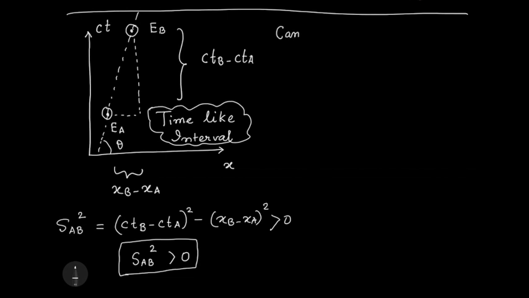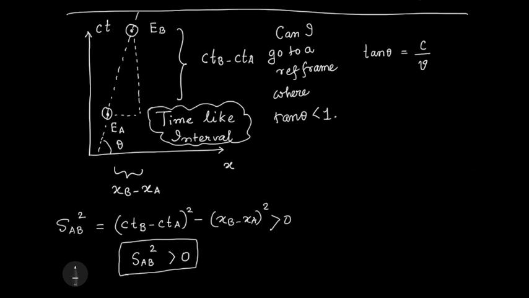Can I go to a reference frame? So let us ask a question. Can I go to a reference frame where tan theta is less than 1? What do I mean? If you remember, tan theta was c by v.